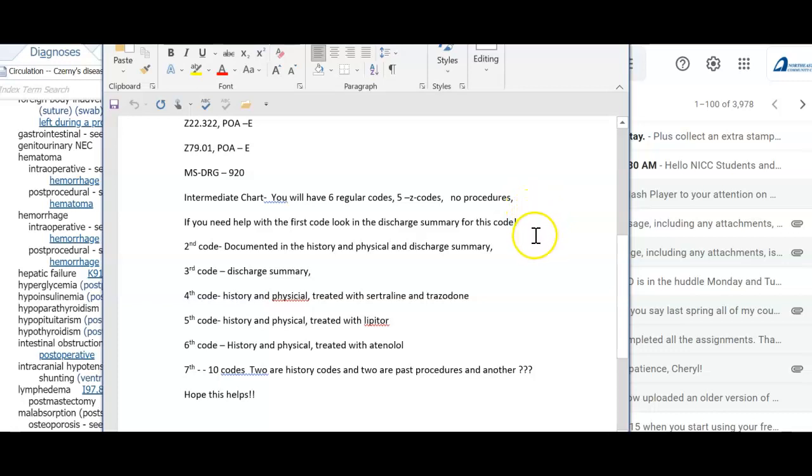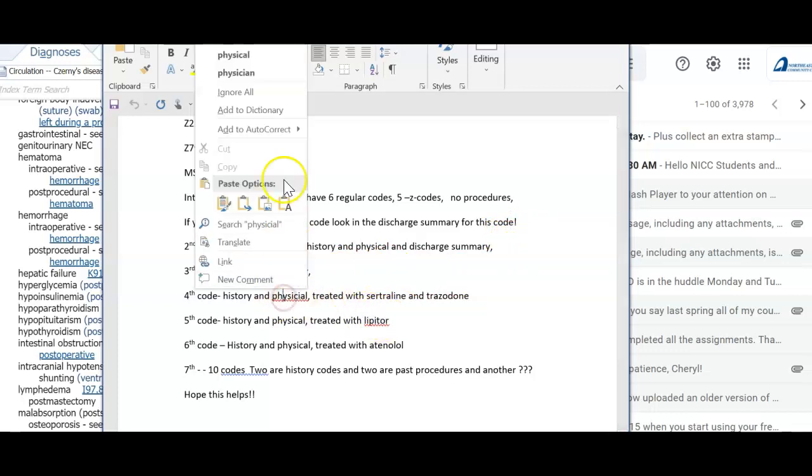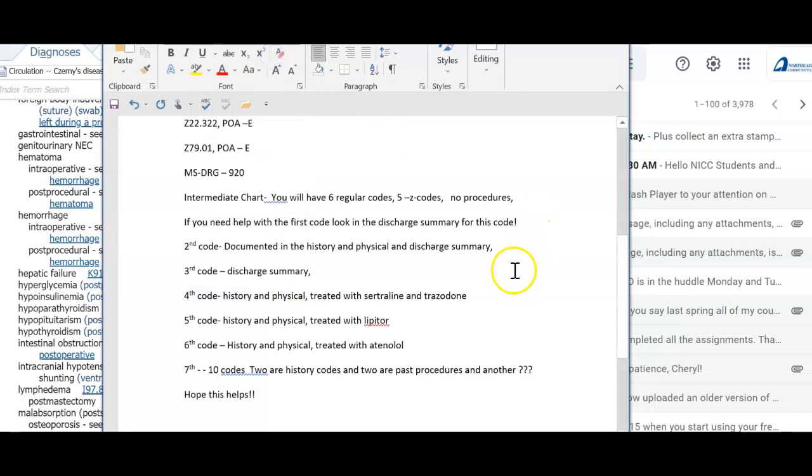If you need help with the first code, you look in the discharge summary for this code. I kind of put down where everything is. So this should help you out. Once again, I'm just trying to make it a little bit easier on you, starting chart coding. So please let me know. Hopefully this video helps if you have any questions or concerns.